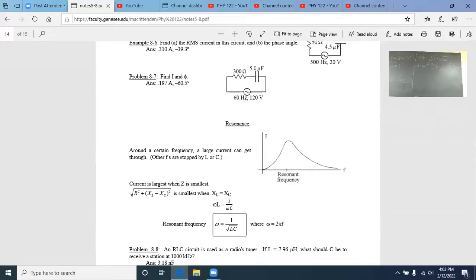Impedance is equal to the square root of R squared plus XL minus XC squared. Resistance never changes as you change the frequency, but XL and XC are both functions of the frequency, therefore the impedance is a function of the frequency. So if you have one of these RLC series circuits and you start dialing up different frequencies, we've got half a dozen function generators here in the lab where you just turn a dial and get different frequencies that way.